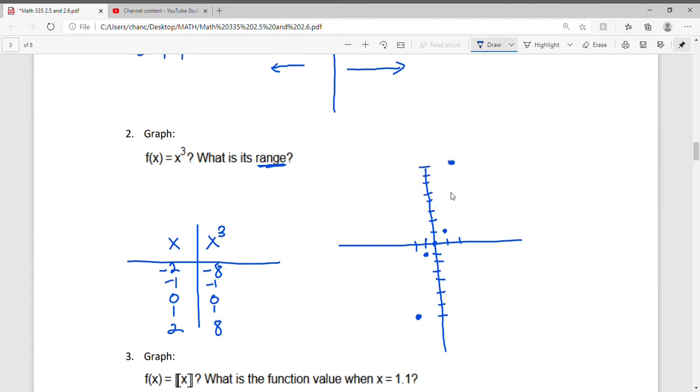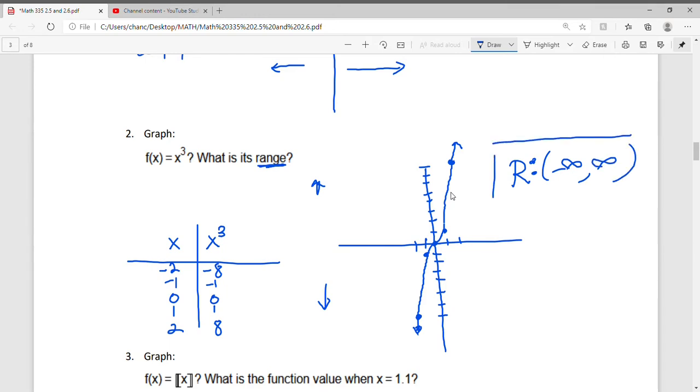And so we have an S-shaped graph. The range is how far down the graph goes to how far up. It goes down to -infinity and it goes up forever. This is the range for a cubic function, -infinity to infinity.